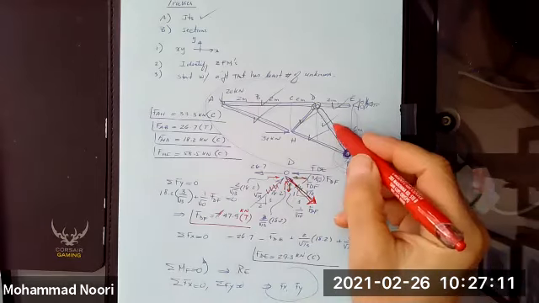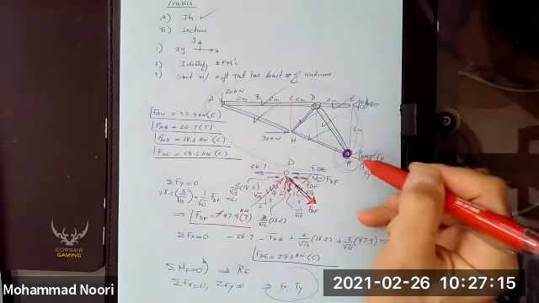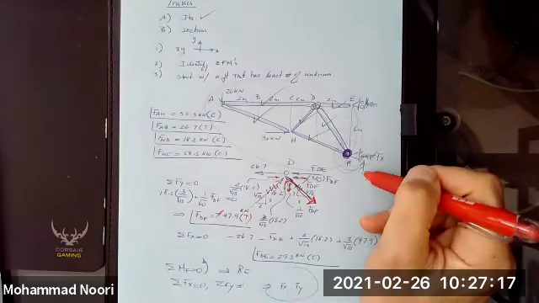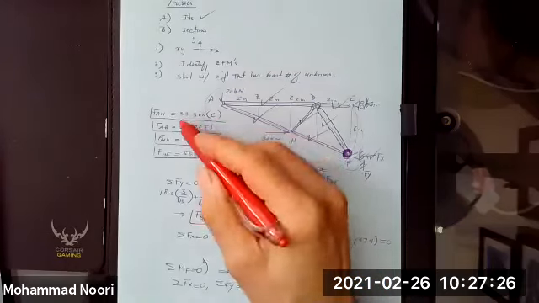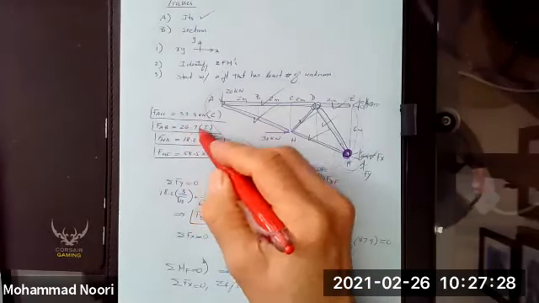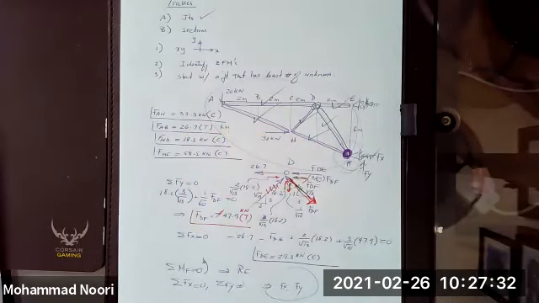But if you want to use that one, then you need to find these. And is the FAB supposed to be in kilonewtons? FAB, yeah, I didn't put it here. Yes, all of them are kilonewtons. Any other questions?